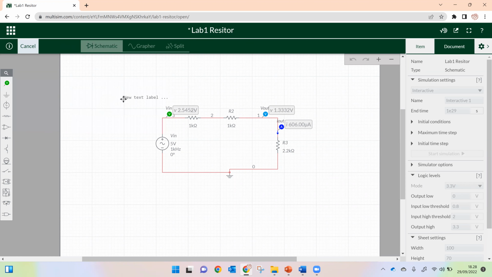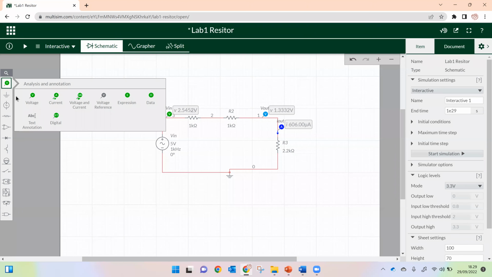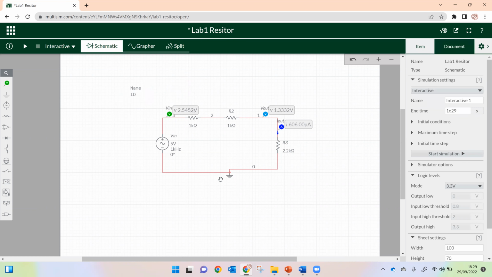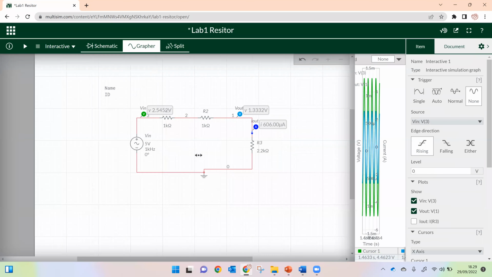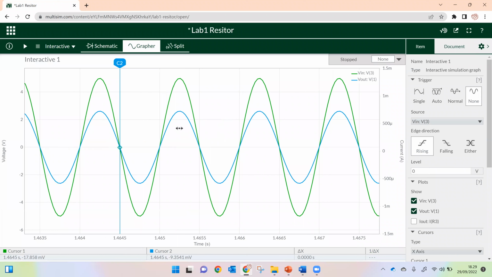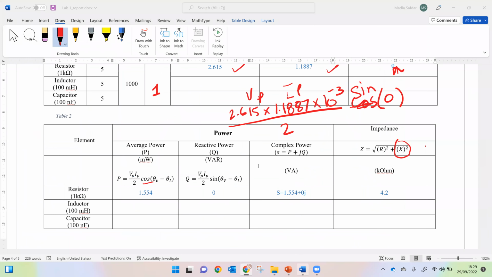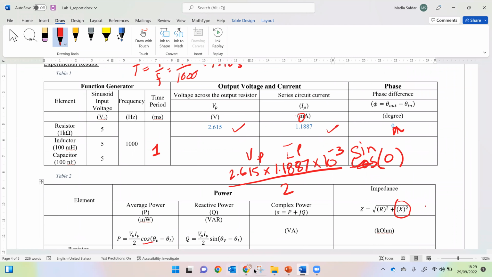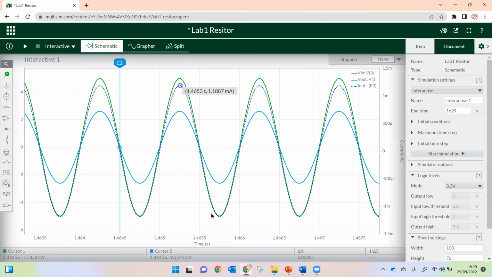You will go here, then ABC text, and then you can put your name and ID. Okay, you will take screenshot of the circuit. Then for the grapher you will make 3 screenshots. One is for the peak voltage, the other is for the peak current, and the third one is for the phase. Okay, all these here I need screenshots. Okay, and one circuit.